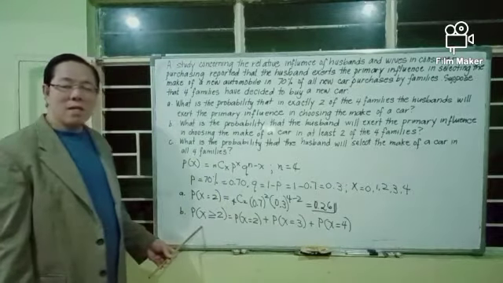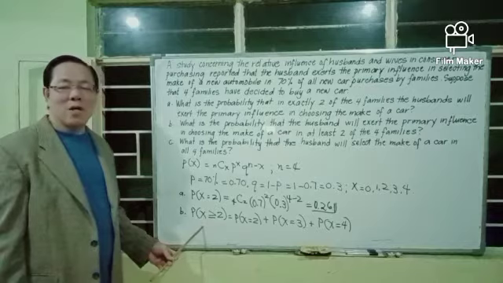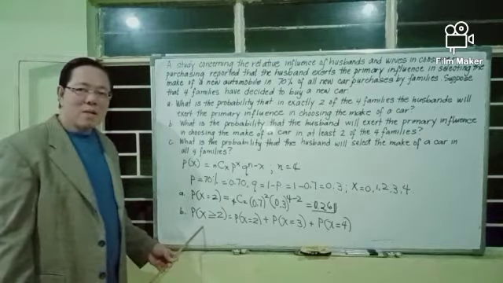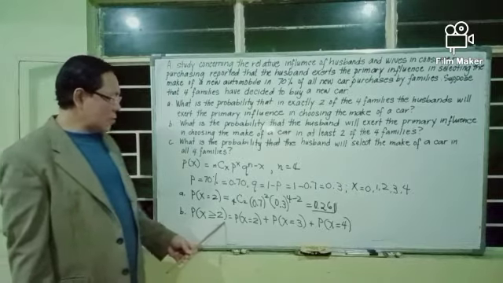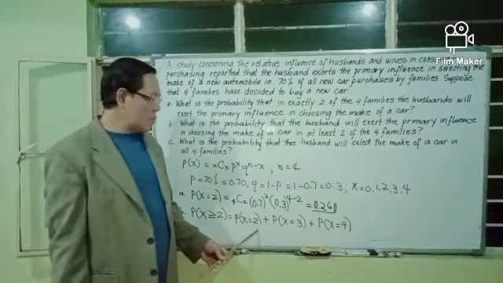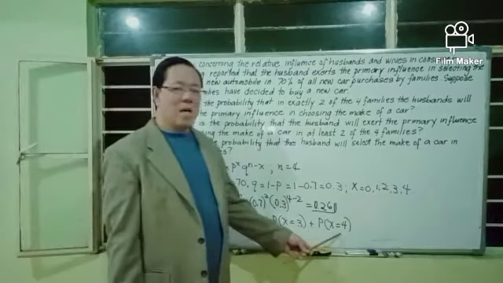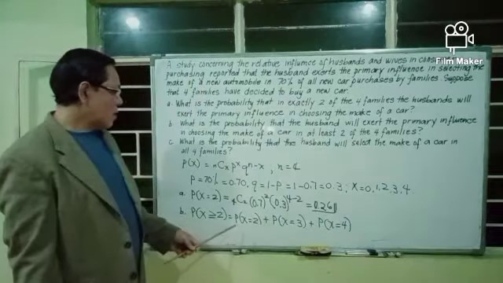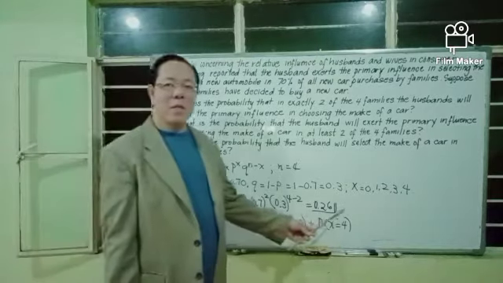And the probability that the number of husbands from 4 families who will decide on the make of new car to purchase is at least 2 is equal to probability that x is 2 plus probability that x is 3 plus probability of x is 4. And we already have the probability that x is 2, 0.26.